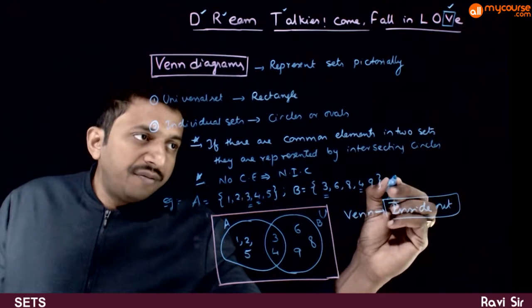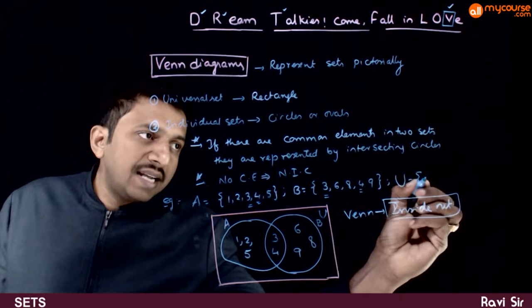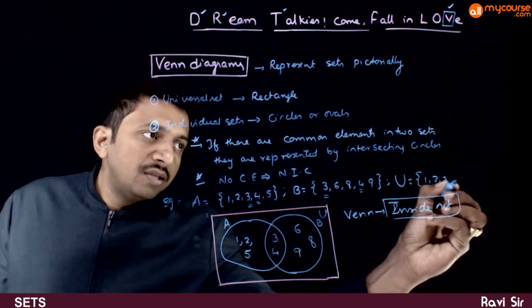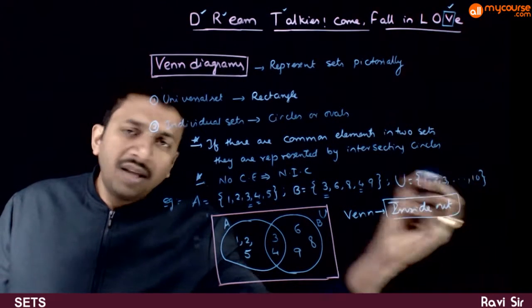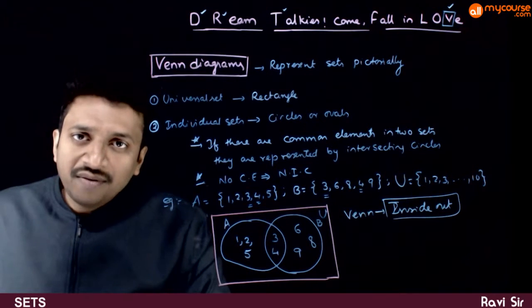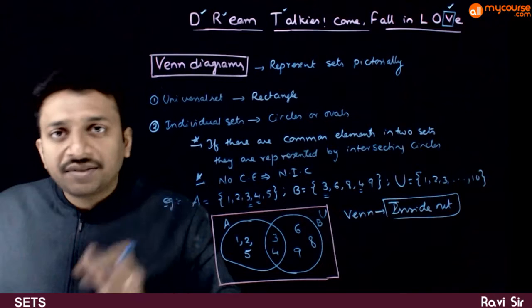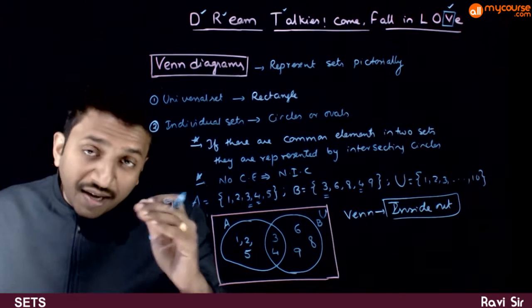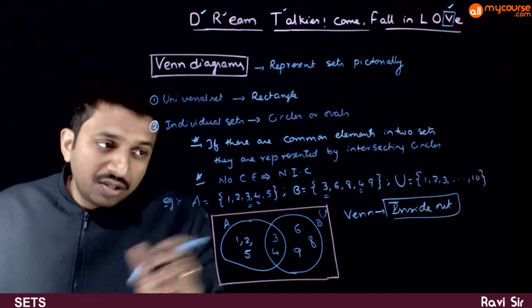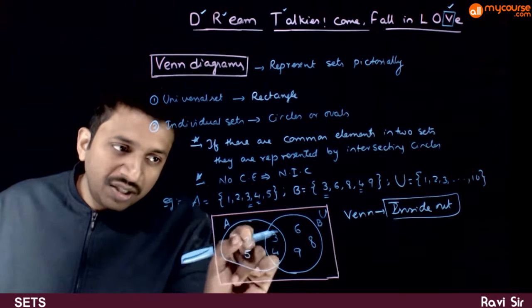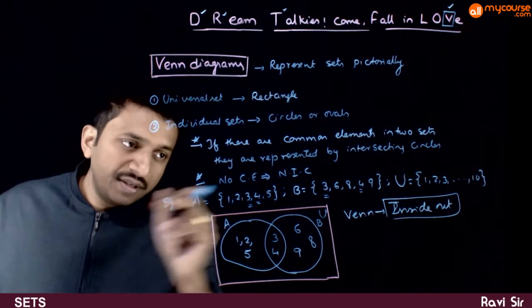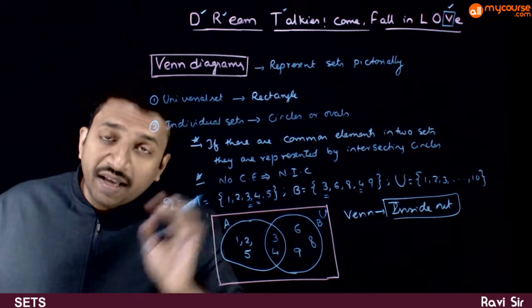For example, if you take the universal set as the set containing 1, 2, 3, and so on up to 10, yes, this can be taken as a universal set because this contains all the elements of B as well as all the elements of A. It can contain more elements also. So once you have filled all the elements, 1, 2, 3, 4, 5 is filled. 6, 8, 9 are filled.